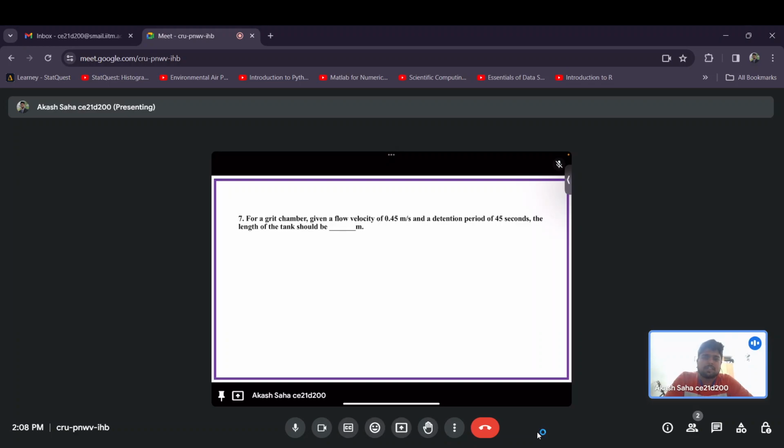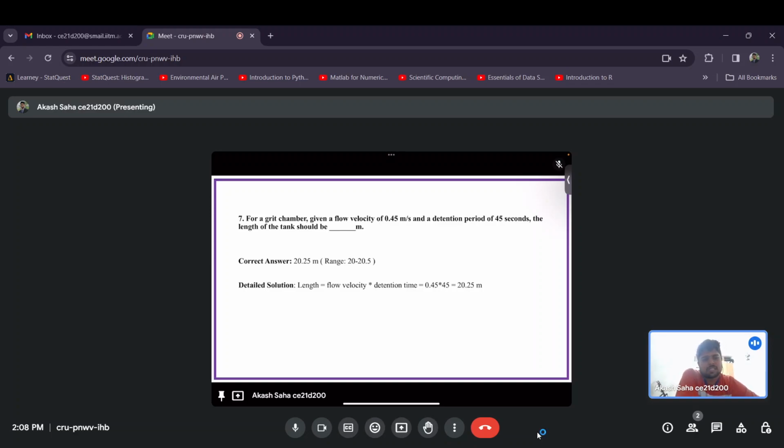So we have been given the flow velocity and the detention period. Okay, we'll see the correct option. The correct answer is 20.25 meter. And how does it come? It comes directly as the length of the tank will be equal to the flow velocity into the detention time.